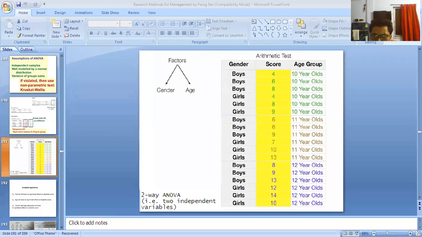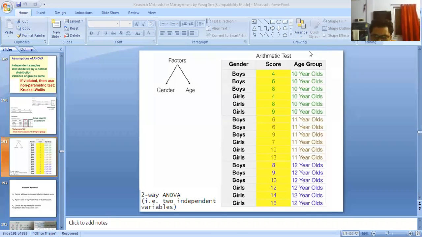So in the slide you can see that there are 3 columns: gender, boys and girls, score, and age group.